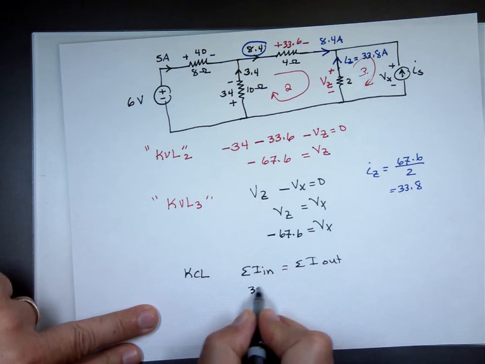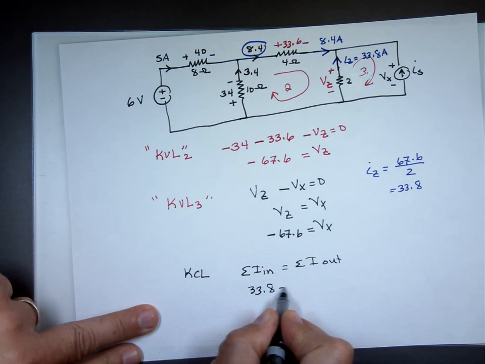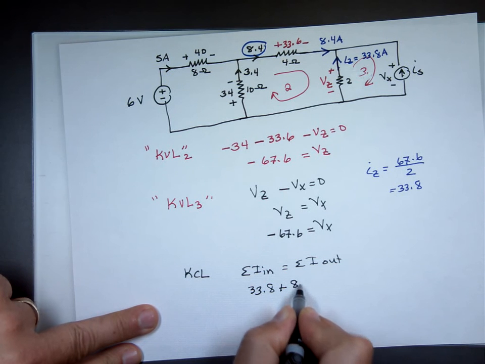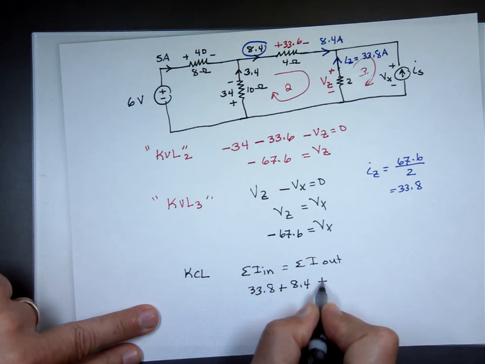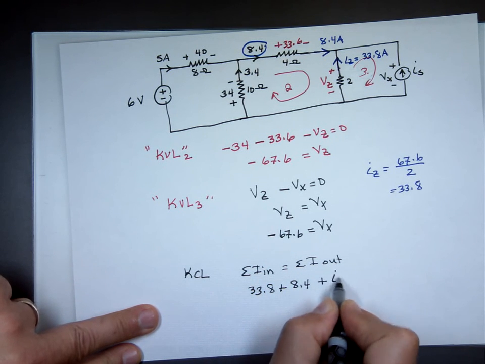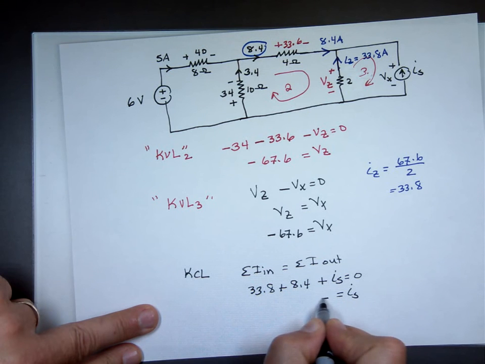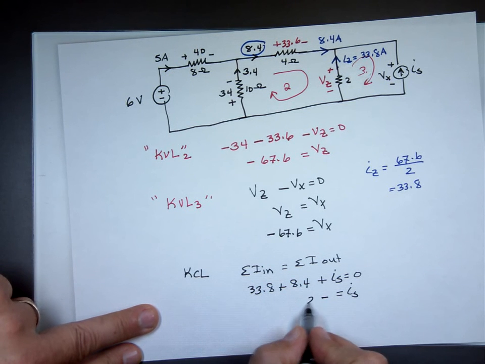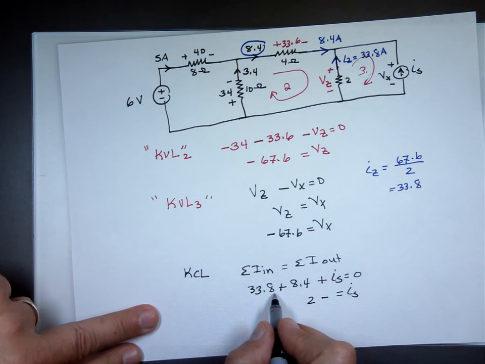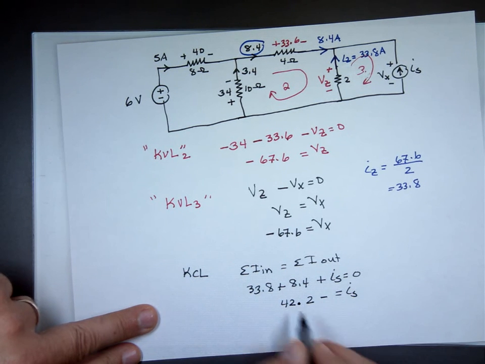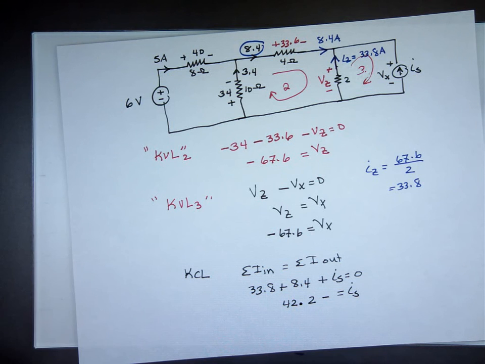What else? 8.4. What else? I sub S should equal what's leaving, which is 0. So I sub S is going to be negative, and let's add them. That's negative 42.2 amps. So I'm using KVL and KCL together back and forth.